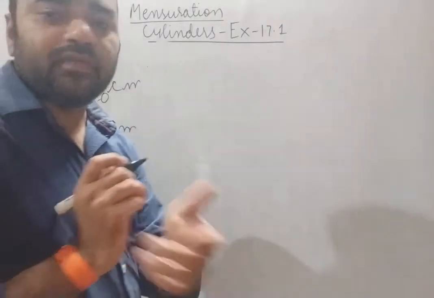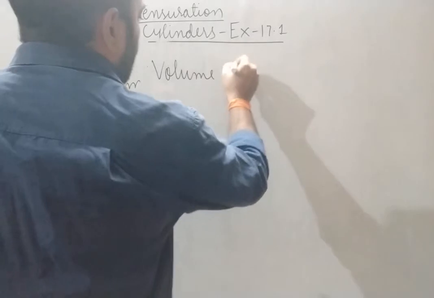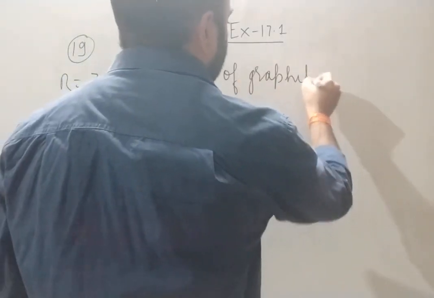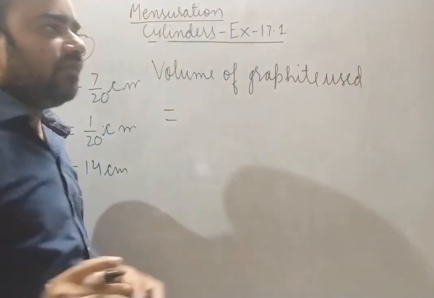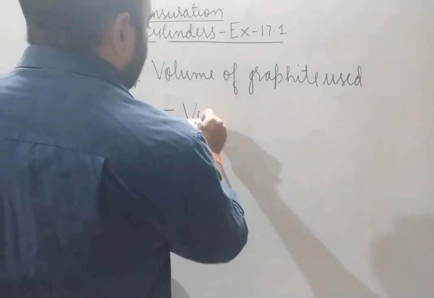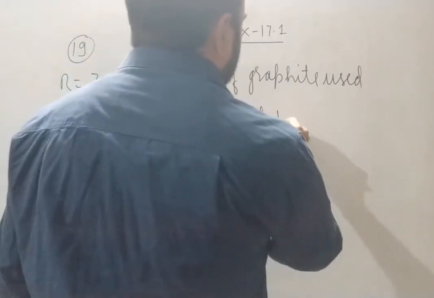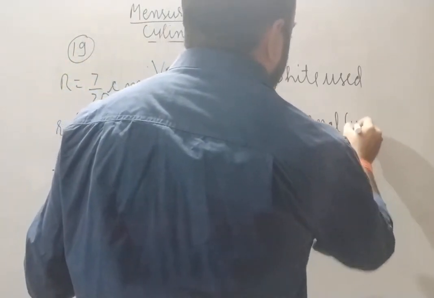Since graphite is filled completely in the internal cylinder, the volume of graphite will be the volume of the internal cylinder.